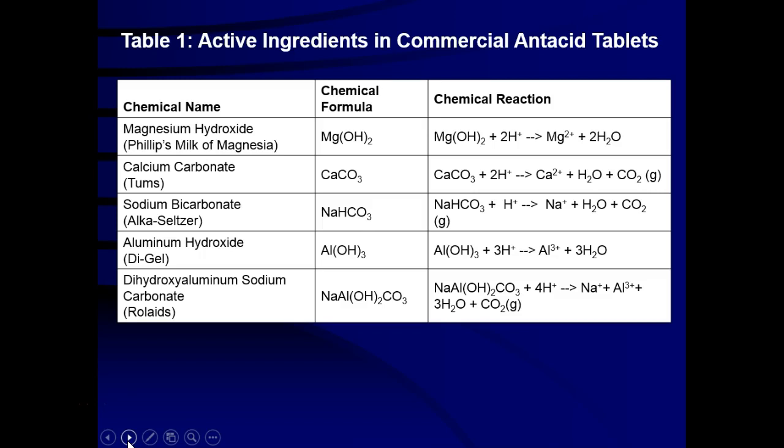Now, the most complicated one is Rolaids, and it's pretty amazing. If you want to neutralize your acids in two ways, with two separate bases, that's the way to do it. It has hydroxide and carbonate, so the hydrogen ions are picked up by both those bases. If you want to get rid of the hydrogen ions in two ways, give it both barrels, that's the way to do it.